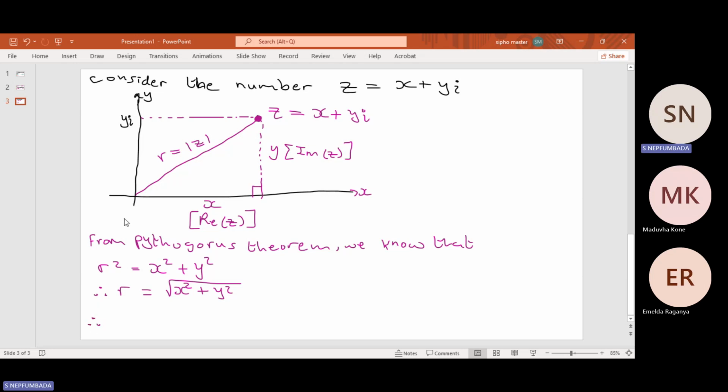We said our r is nothing but the modulus of Z. It means where they say r, we're going to substitute the modulus of Z. So the modulus of Z is the square root of x squared plus y squared.